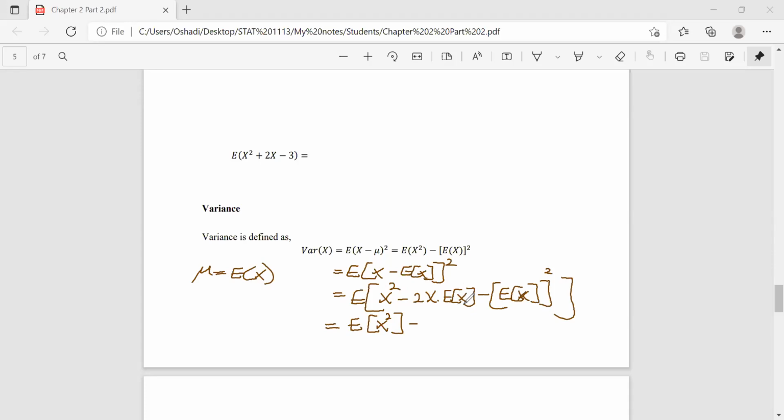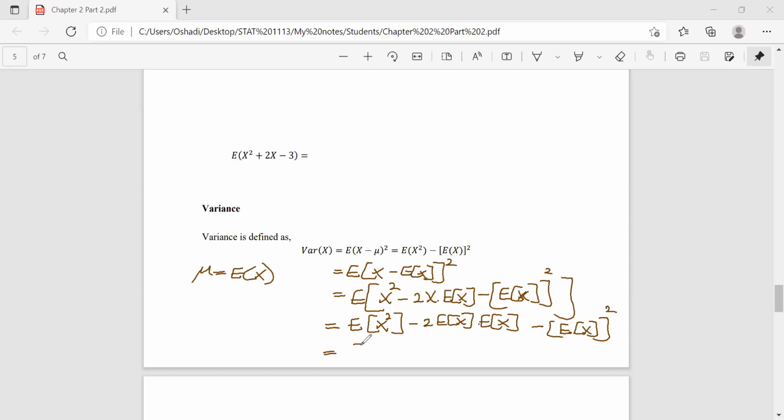Here we can take the expected value of x out, and the expected value of x, plus the expected value of x, the whole thing squared.